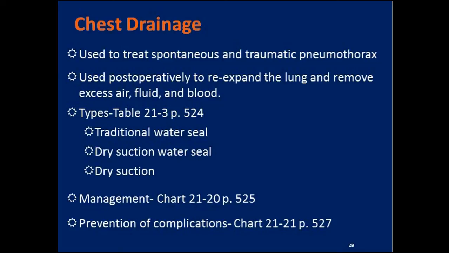So chest tubes are used to treat spontaneous pneumothorax or a traumatic pneumothorax from trauma, from a car accident or blunt trauma, something like that. A spontaneous pneumothorax is just exactly what it says. It is a patient who develops a pneumothorax for no apparent reason. Actually, you can see spontaneous pneumos fairly frequently in very young, healthy, thin males.